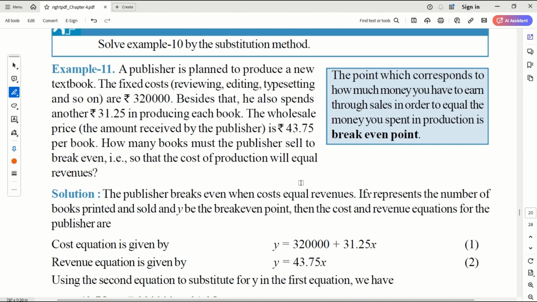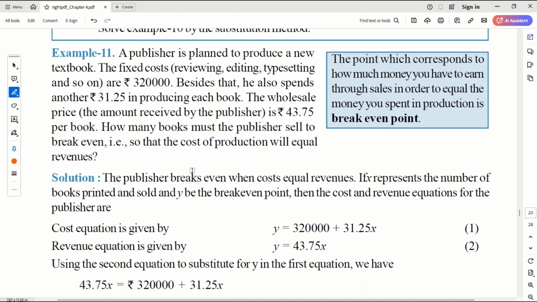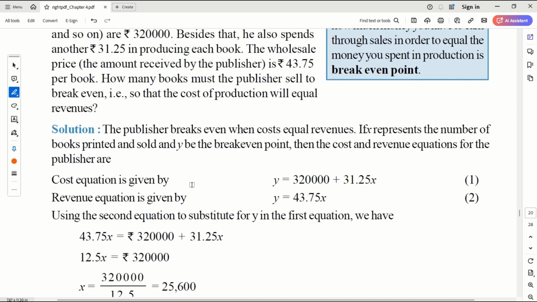Okay, so the cost of production will be equal to revenues. You need to find out the break even. If X represents the number of books printed and sold, and Y is the break even point, we need to find Y basically.